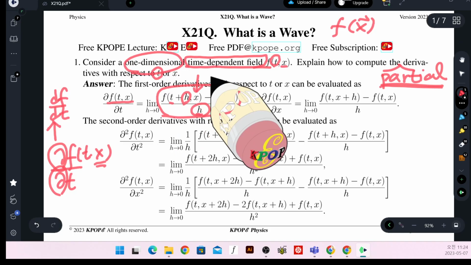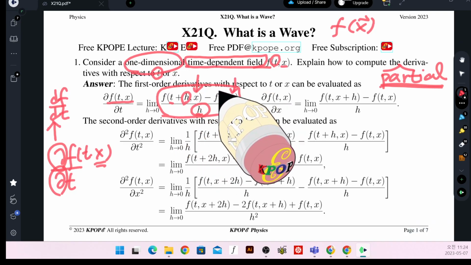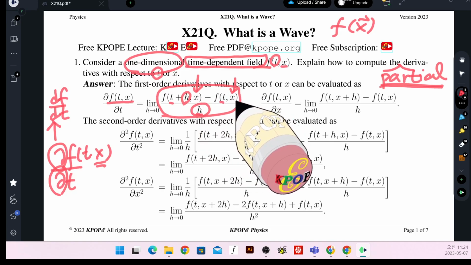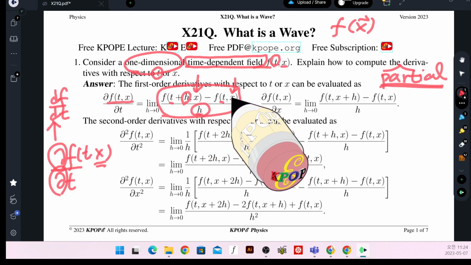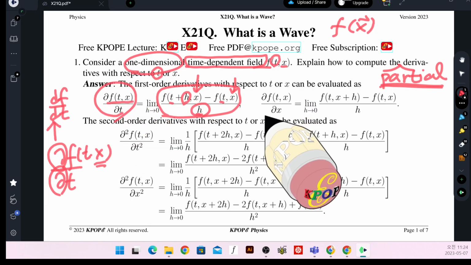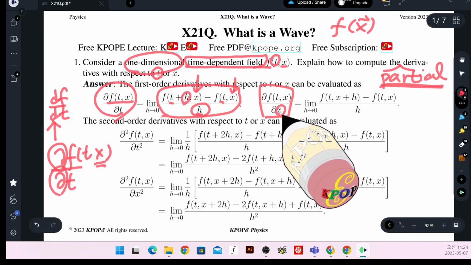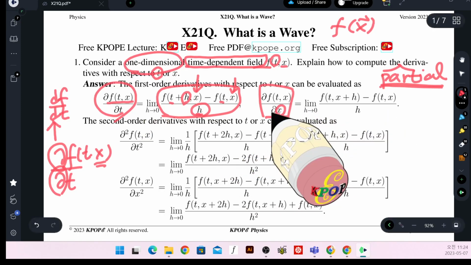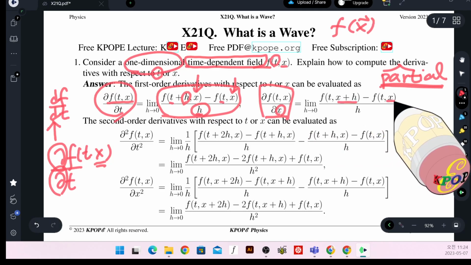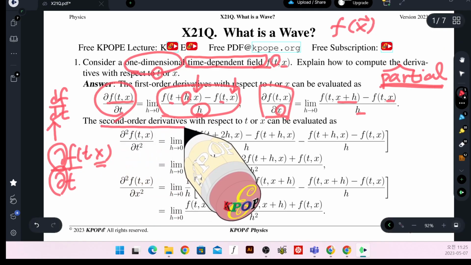We notice that x is not changing, so x is fixed to be a constant. So we use the partial derivative of f with respect to time. In a similar manner, we can define the partial derivative of f with respect to x, in which we vary x only.